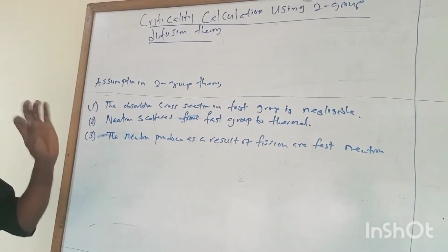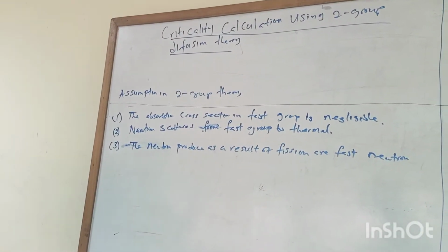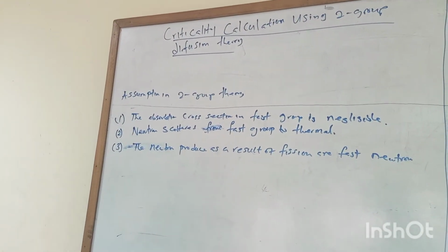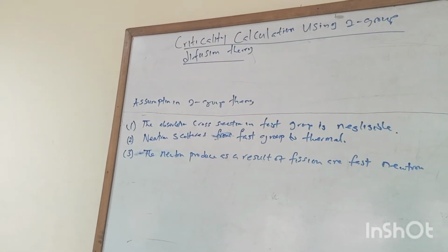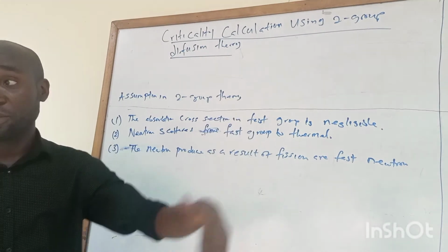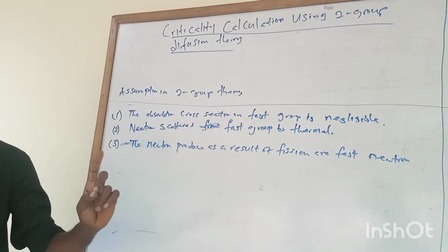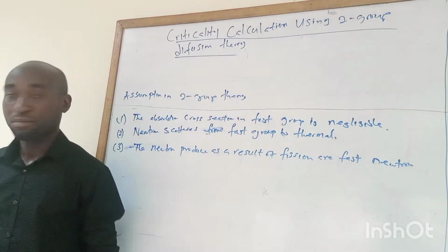First, we assume that there is no absorption cross section for the fast group. We only have a scattering cross section because it will scatter down to group 2, the neutrons that scatter from the fast group towards the thermal group. And the third one, the neutrons produced as a result of fission are what? Are fast neutrons.